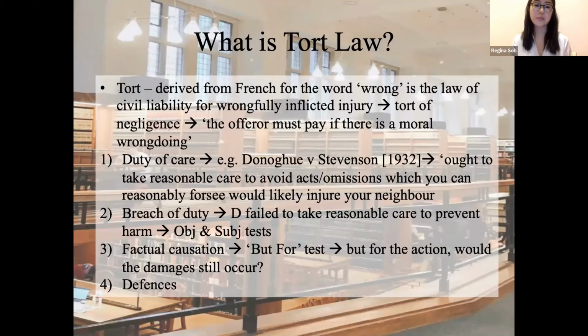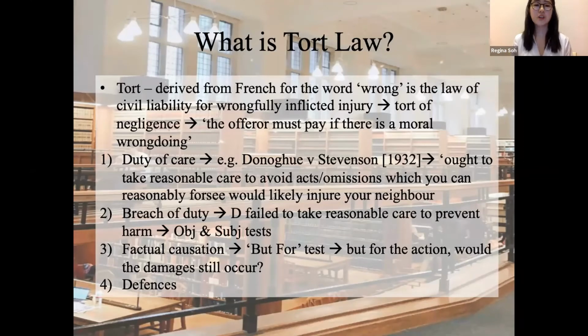So once you have established this, we move on to the breach of duty. Let's say the defendant owes a duty of care to the claimant, which means the person claiming. You need to see whether there is an actual breach of duty, which is whether the defendant, the person being claimed against, failed to take any care to prevent the harm.